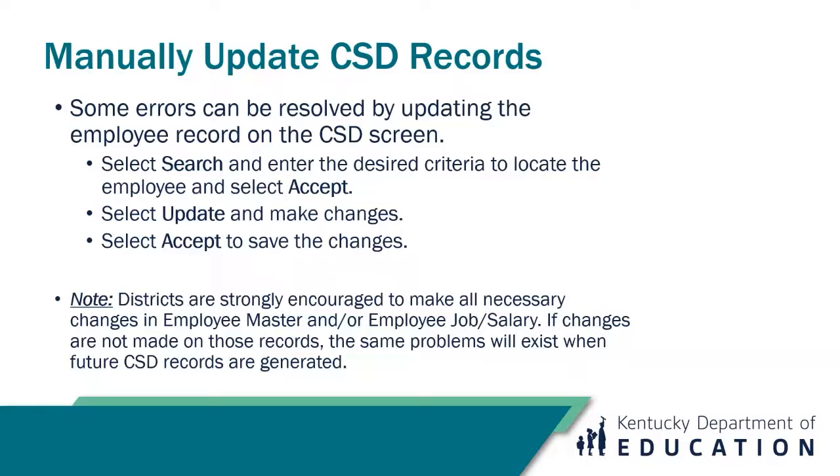But the note here is that districts are strongly encouraged to make all necessary changes in the employee master or employee job salary. If changes are not made on those records, the same problems will exist when future CSD records are generated. So if it is something that you can actually go back to the employee master or the job salary screen and correct, do it, especially if you have to regenerate the CSD records, because you want to make sure that if you regenerate, you're pulling in accurate information.